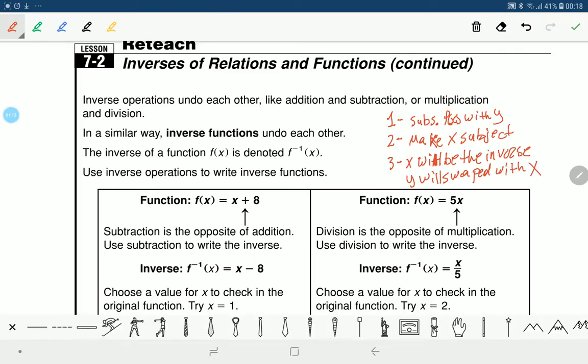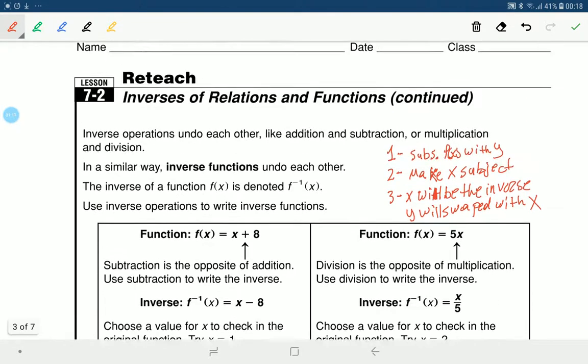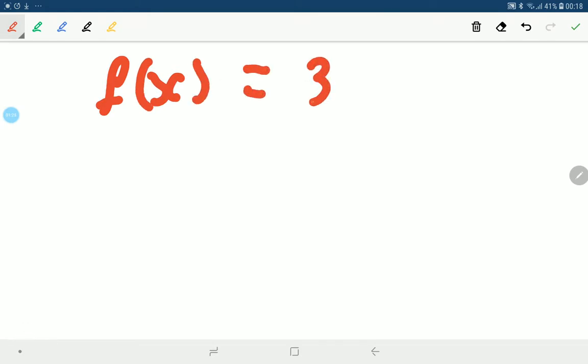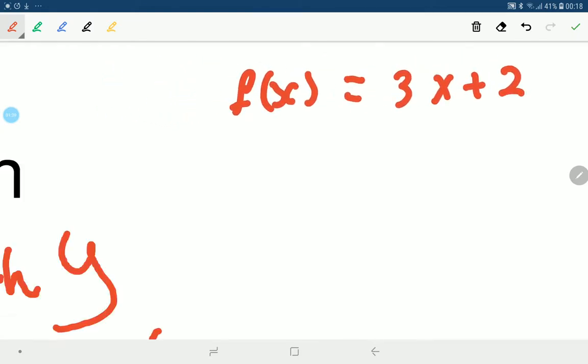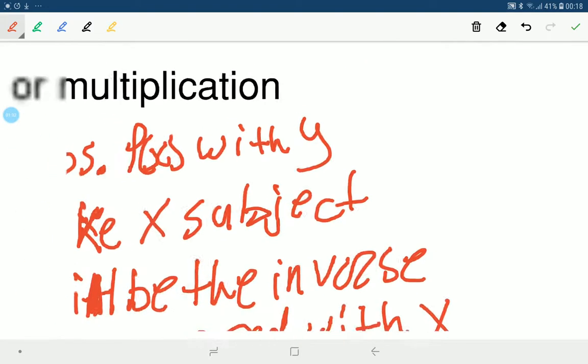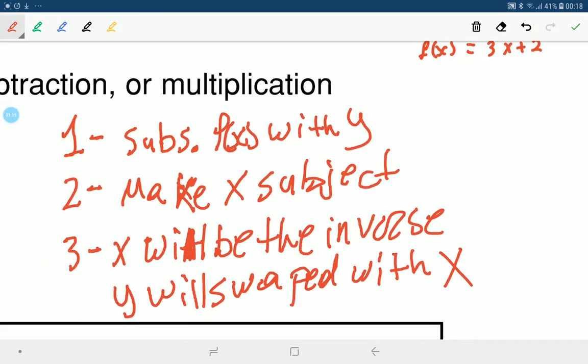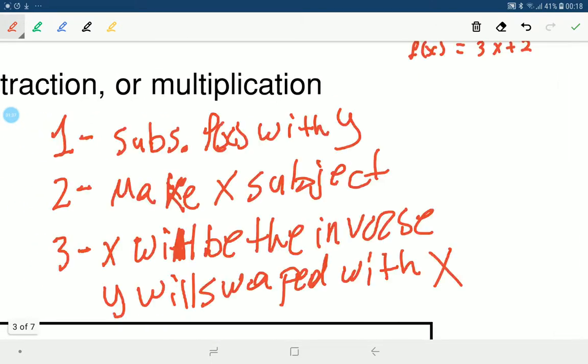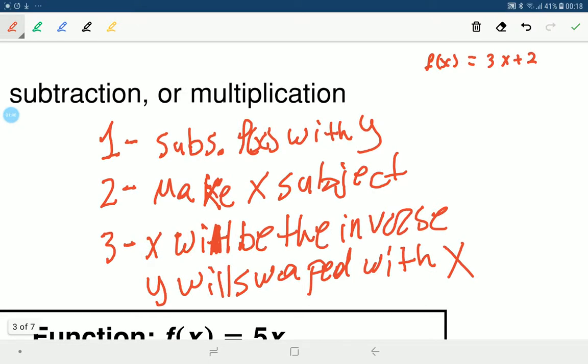Let's have an example. If we have f of x equals 3x plus 2. First of all, the steps told you that you should substitute f of x with y. So we will have y equal 3x plus 2. The second step, we will make x the subject.